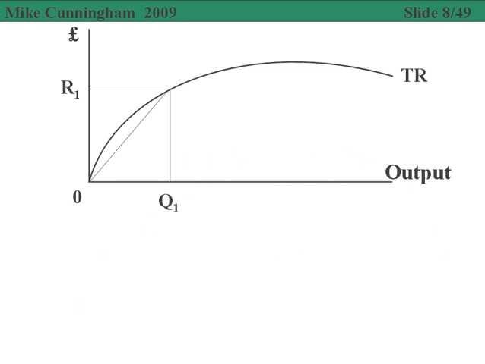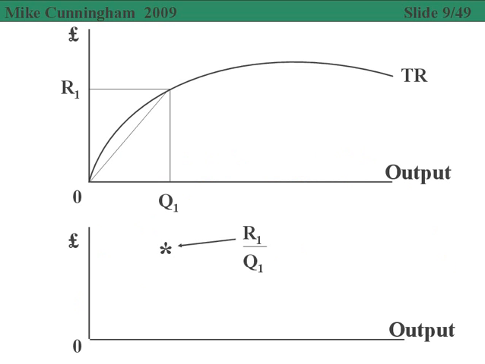Now let's draw a second diagram underneath this to show what happens to the average. This diagram has pounds on the vertical axis and output on the horizontal axis, and I've marked a point on here which represents the ratio R1 to Q1, so it's R1 divided by Q1.